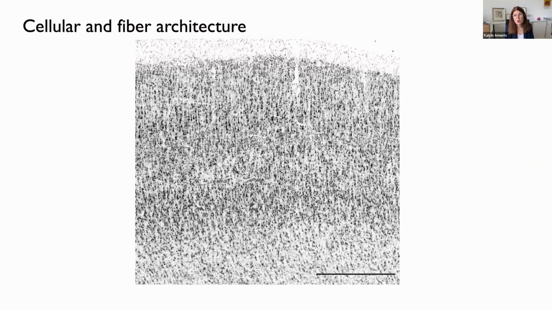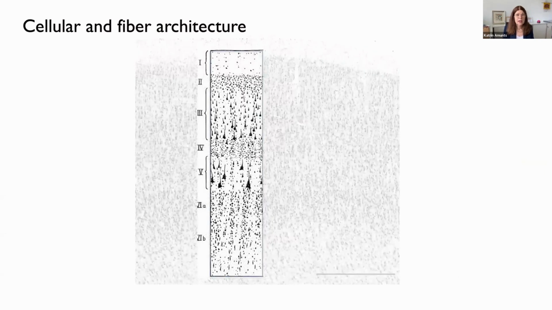But let's go further. In addition to Oskar and Cécile Vogt, there was also Korbinian Brodmann, and Korbinian Brodmann analyzed the cytoarchitecture of the human brain, that is how the cells are distributed. And you see here an example of a cytoarchitectonic image, and all the black cells, these are neurons that are arranged in a very specific way.